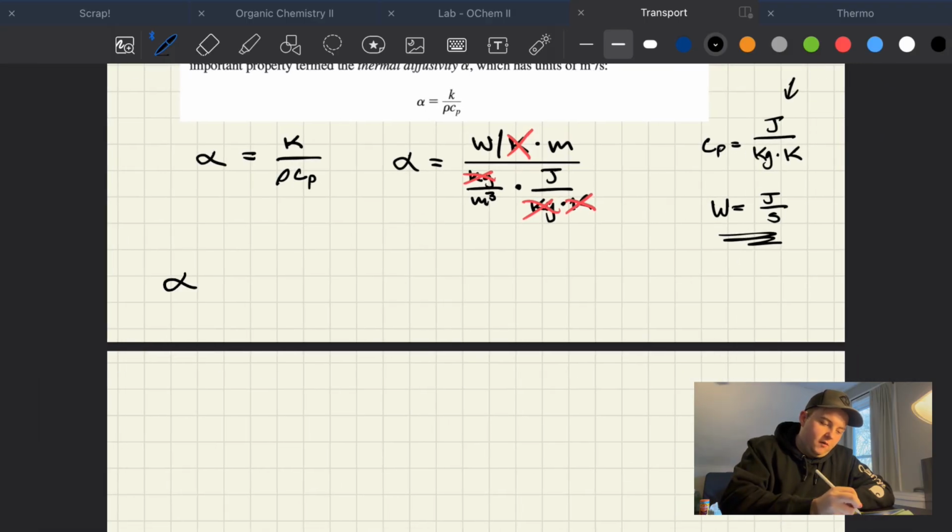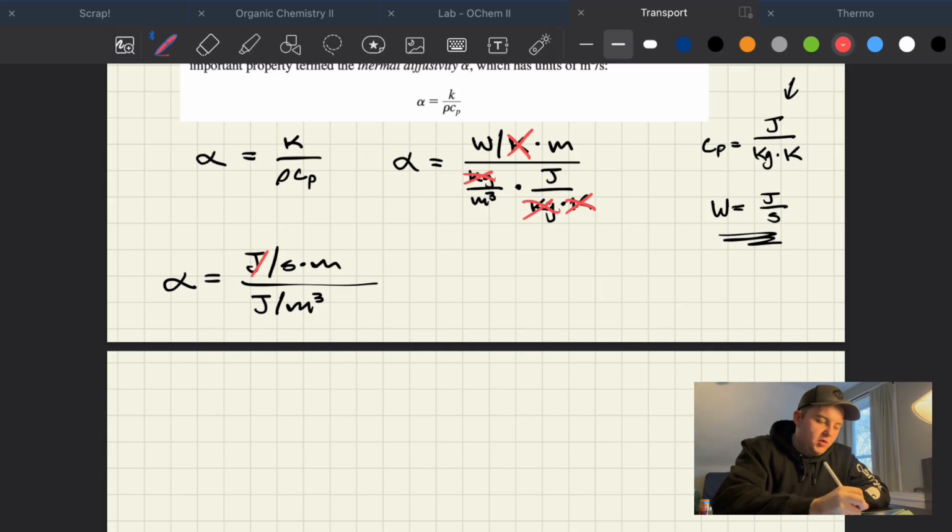So we'll have alpha is equal to joule per second meter in the numerator. And then we'll have joule per, is that it? Yeah, per meter squared or cubed in the denominator.